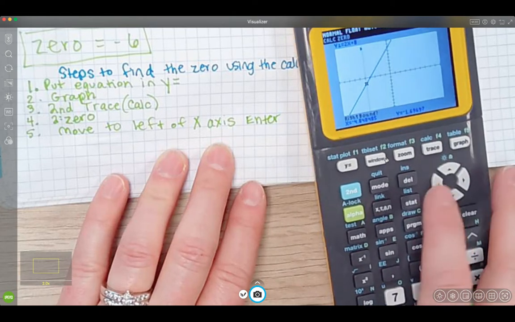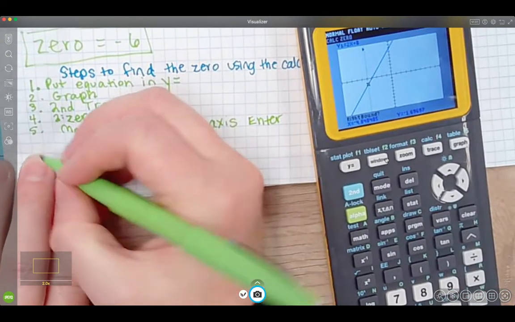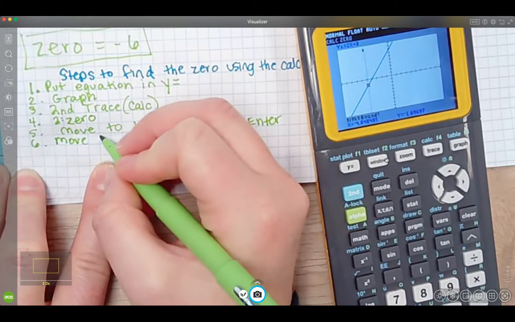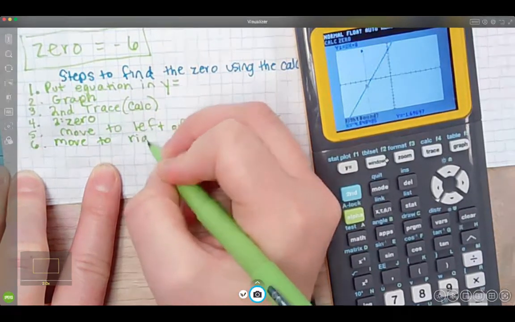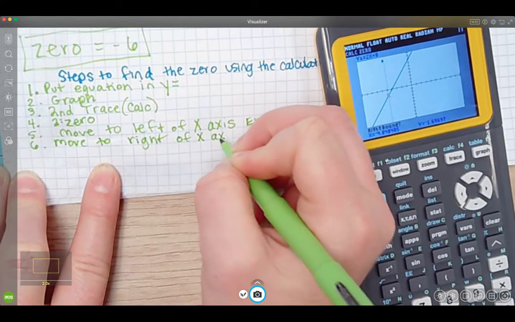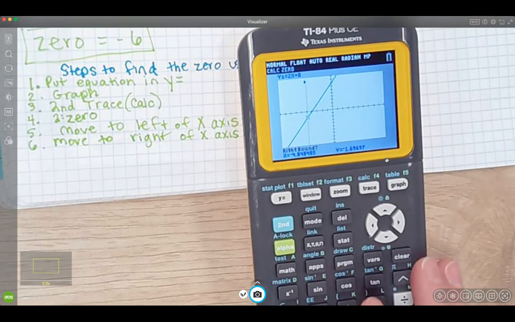Then it asks another question. What does it ask? Right bound. So what do you think we need to move? To the right side. Move to right of x-axis. Make sure you're writing this down.